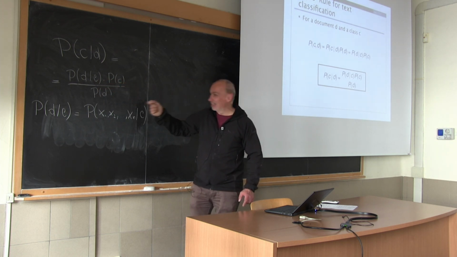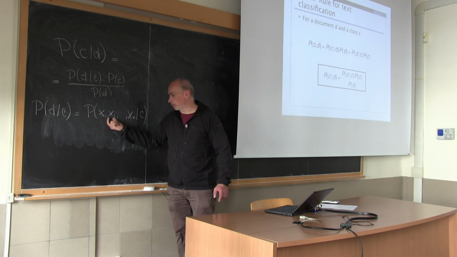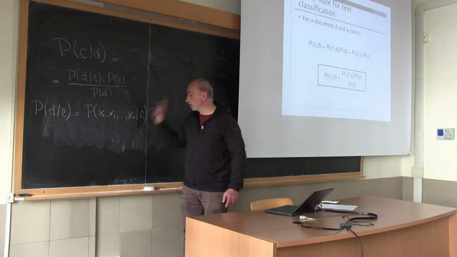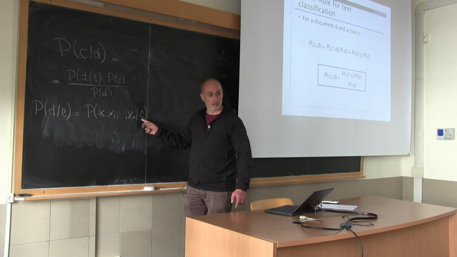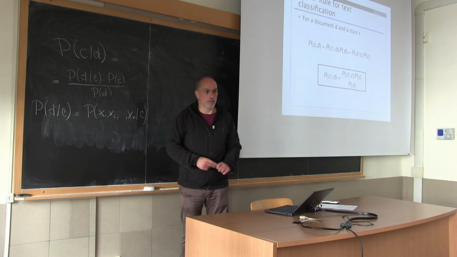Okay? It's the probability that I'm observing that specific term in the first position, that specific term in the second position, and so on, until the last position, given that the document is of category, of class C. This is a probability.